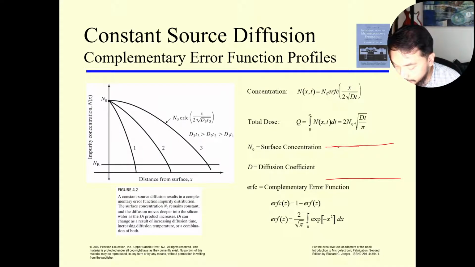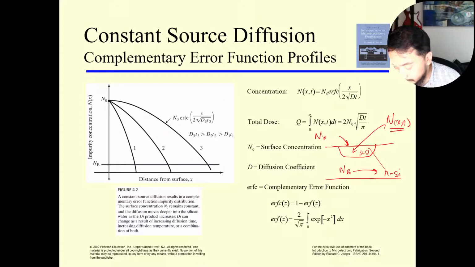And then if you see that your diffusion looks like this, that means anywhere around here the concentration of impurity atoms is NB, and the impurity atoms are the n dopant, and inside here it's N(x,t) with the surface being N naught.